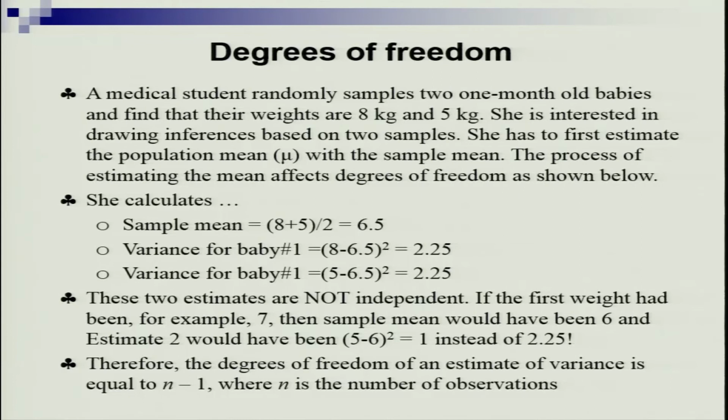So, if you start with n observations, the estimate of variance has n minus 1 degrees of freedom, because you have to calculate the sample mean first to come up with the estimate for variance.